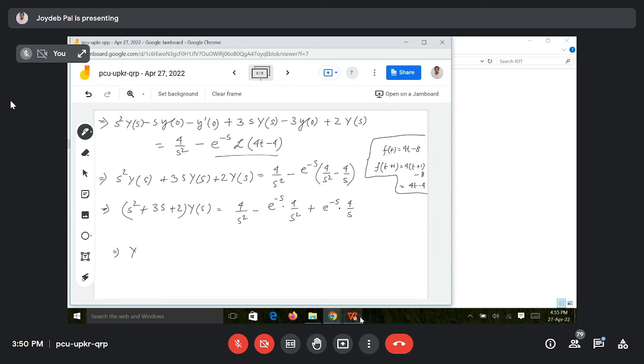Therefore, what is Y(s)? 4 divided by s squared. Can s squared plus 3s plus 2 be factored? Yes, 2 and 1. So it is (s plus 1) into (s plus 2).